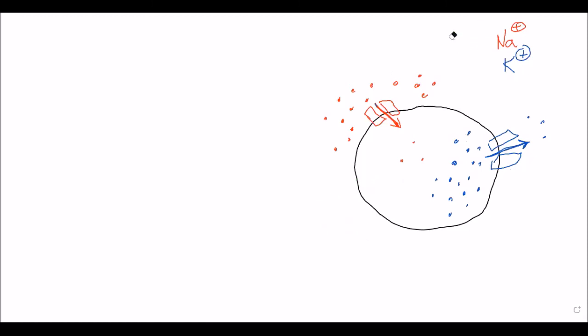Okay? So we have a big problem here, that eventually there's going to be 25 sodium here and 25 in here. Potassium will be 25 here and then 25 here. If that is 25 and 25 and 25 and 25, the resting membrane potential is going to be 0, which means you're dead. You can't do anything with that.